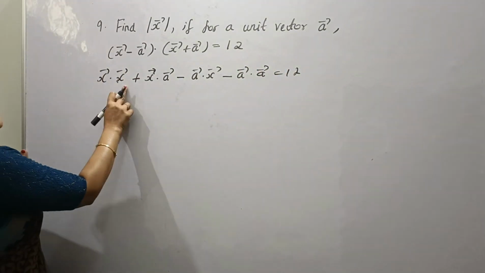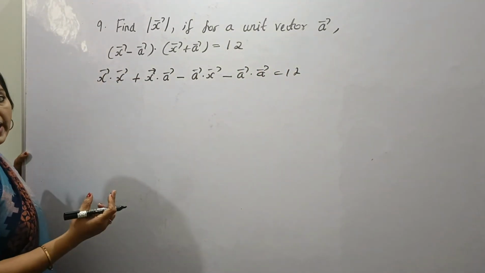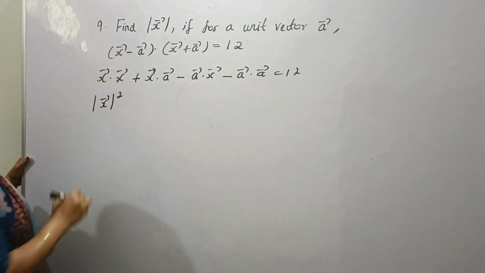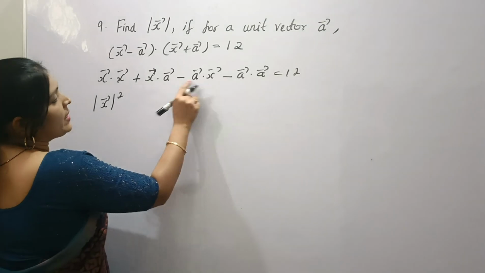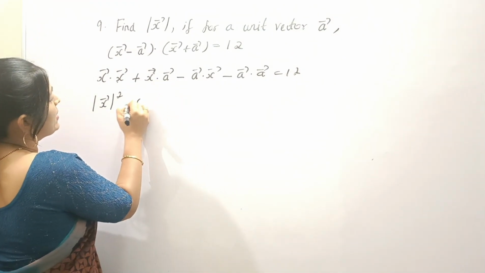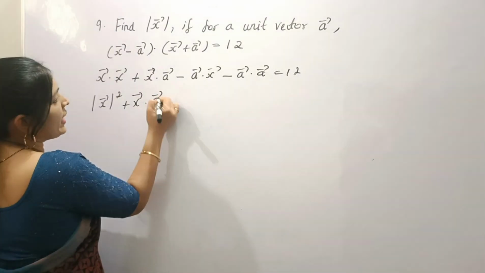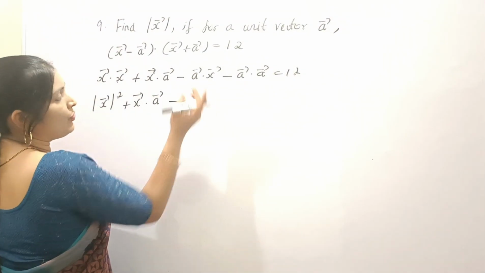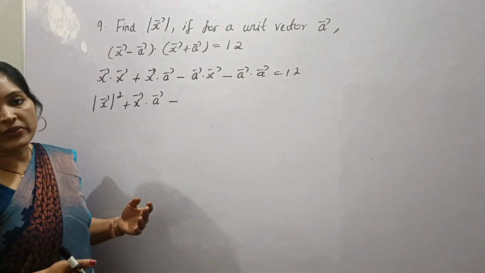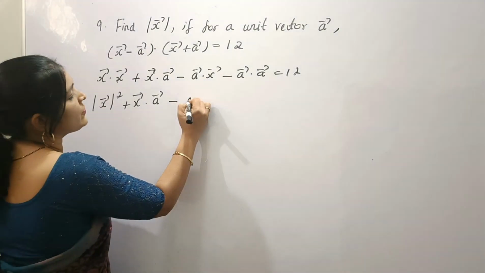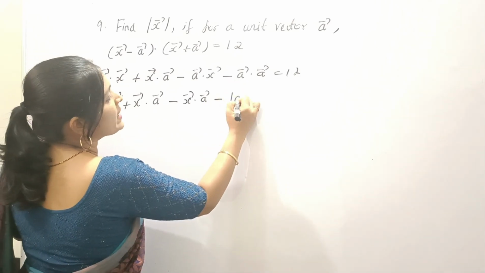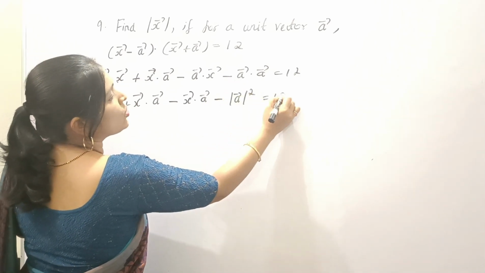Vector x dot vector x is nothing but modulus vector x square. Here we know that vector x dot vector A is equal to vector A dot vector x, so this can be written as vector x dot vector A, minus modulus vector A square is equal to 12.